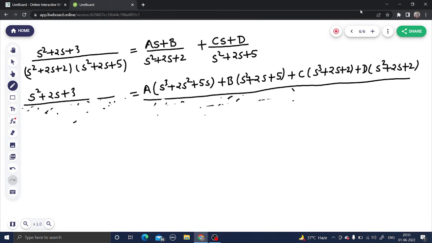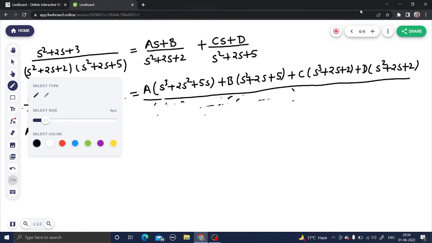We just need to compare the coefficients on both sides. So if we look at the coefficient of s cube, in LHS the coefficient of s cube is 0, but in RHS there is some coefficient. So what is there? A from here.